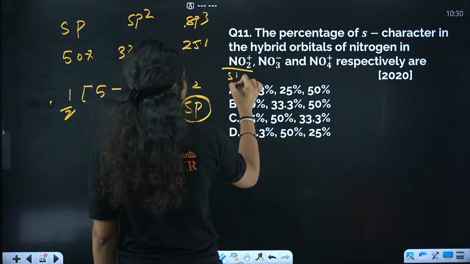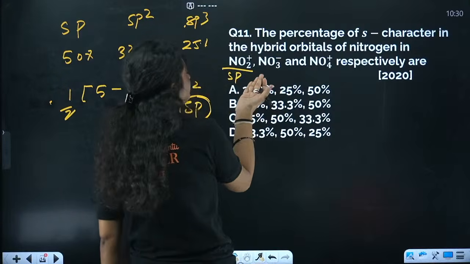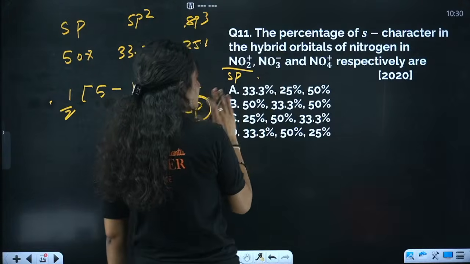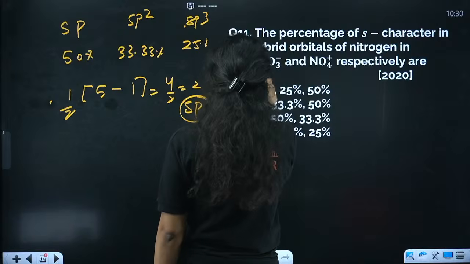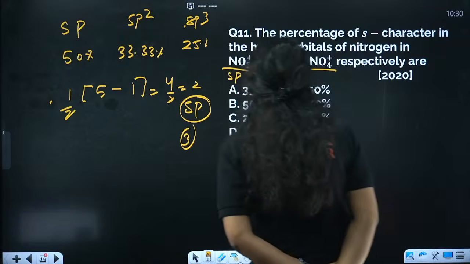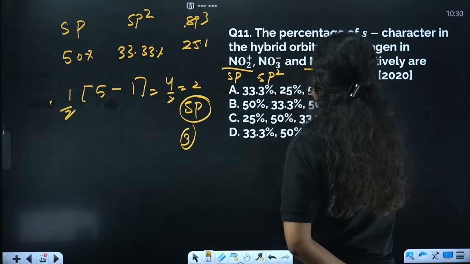So for NO2 positive, the hybridization is sp. For NO3 negative, 5 plus 1, which is 6 by 2, which means 3, which is hybridization sp2. For NO4 positive, again 5 minus 1, so it will have hybridization sp.